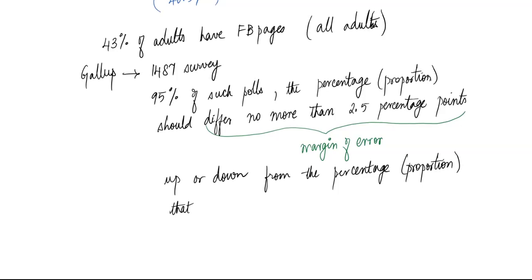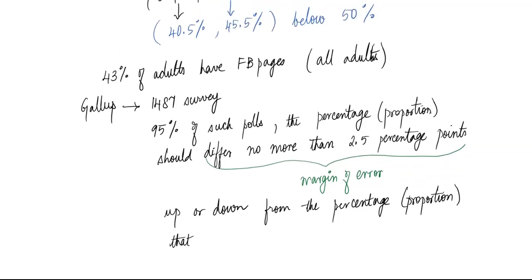That proportion could be 43% itself, or it could be 44%, because that is going to still be in that interval that we gave. It could be 42%.